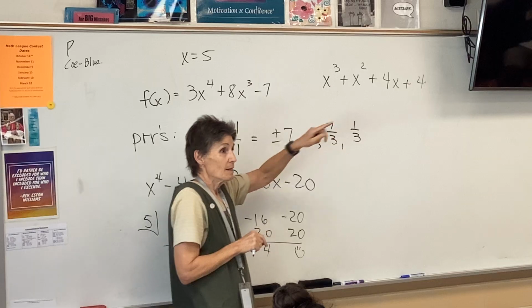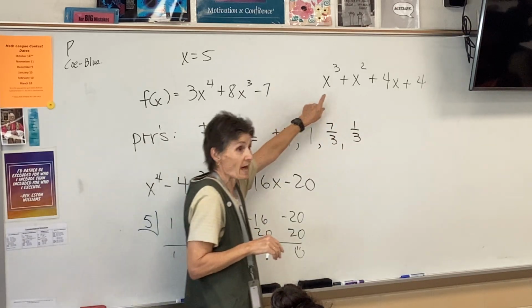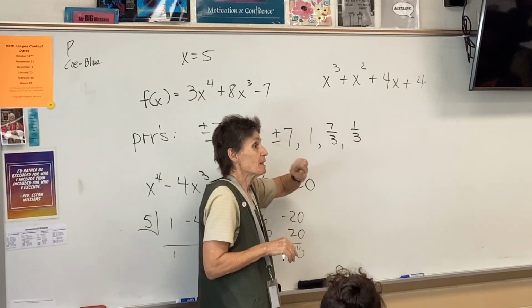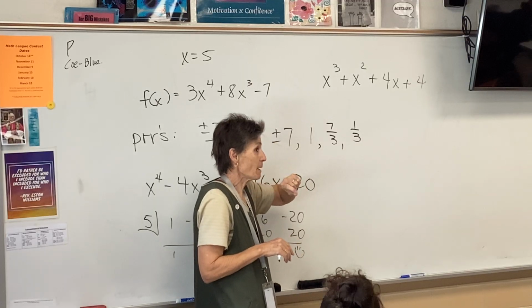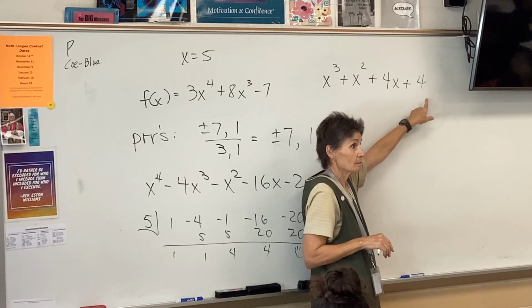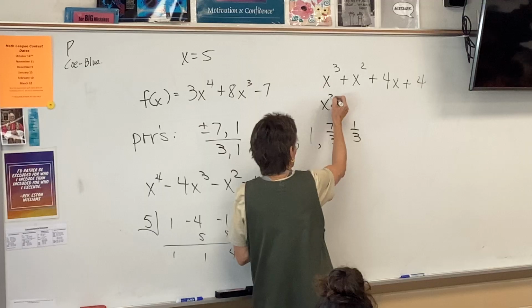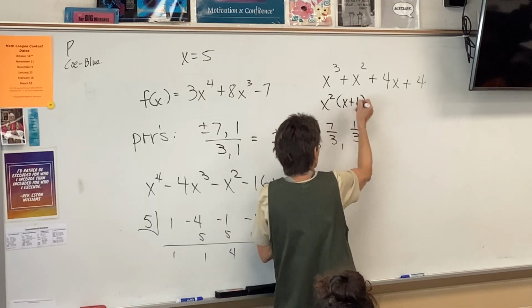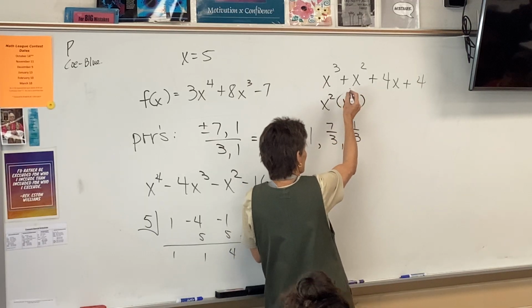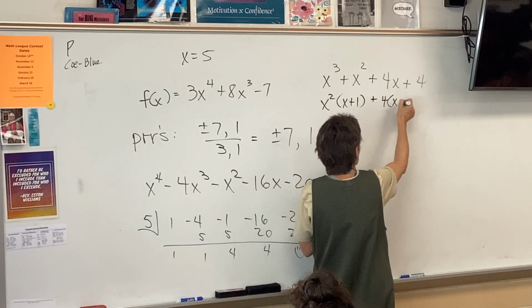If you don't notice that, can you do synthetic division again on that? You could. However, now your possibilities are only gonna be factors of 4, right? But I'm gonna go ahead and group this guy. This is like a new problem now. This is my new problem, and it does group.